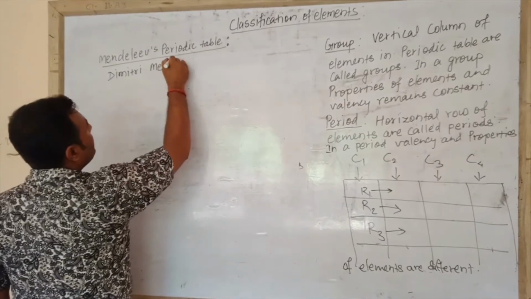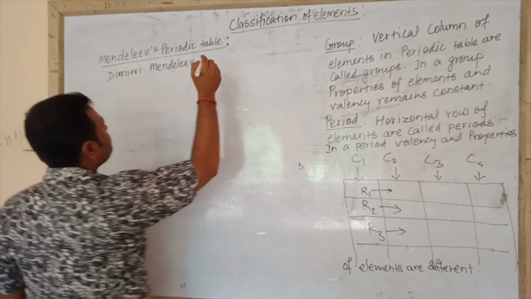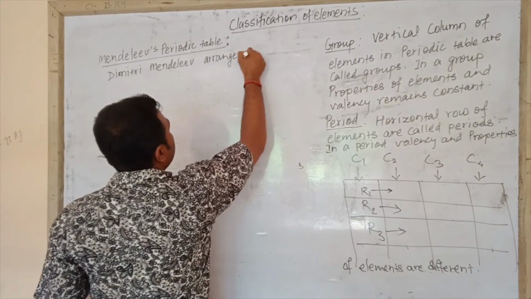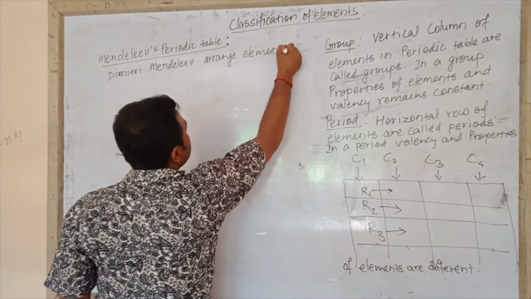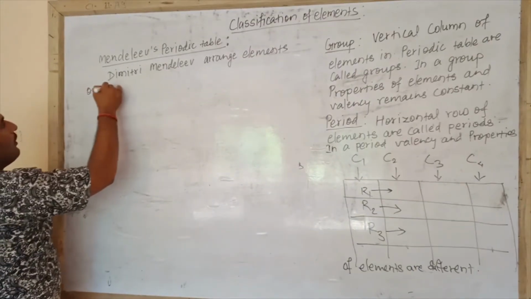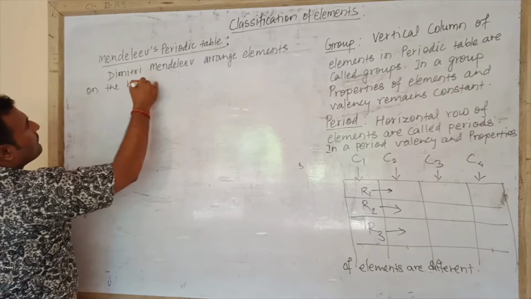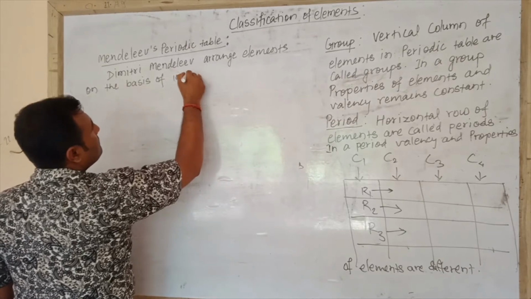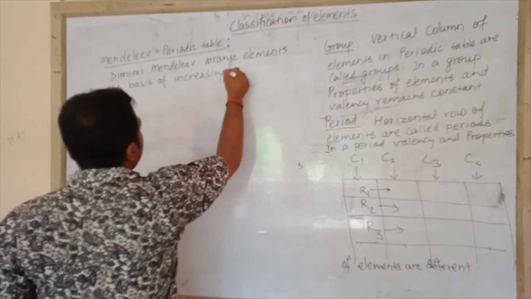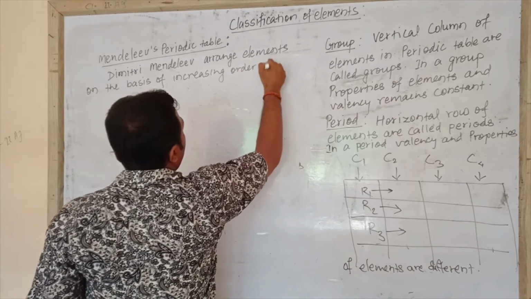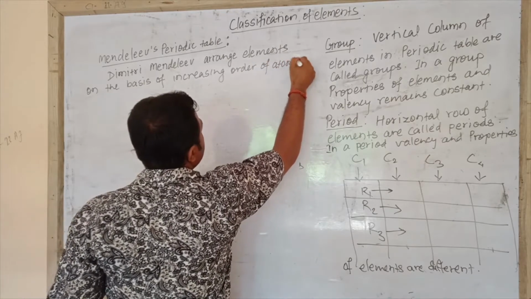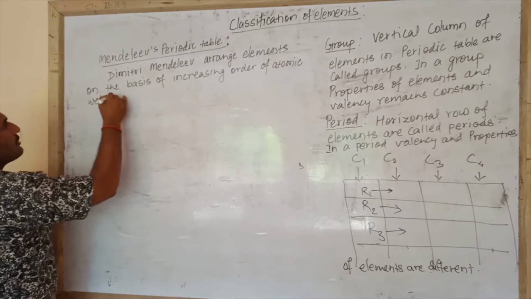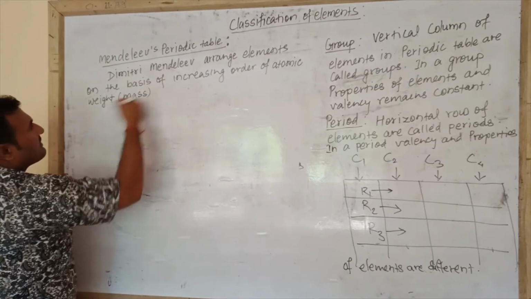We define it like this: Mendeleev arranged elements on the basis of increasing order of atomic weight. We can also write atomic mass.